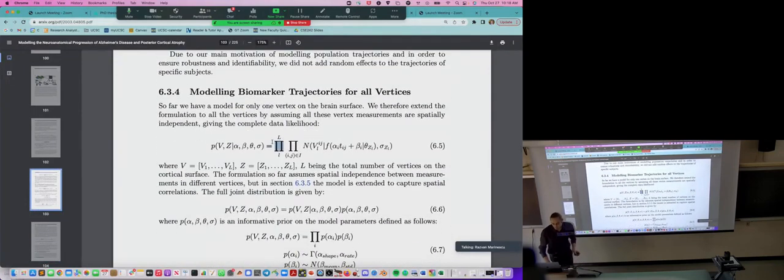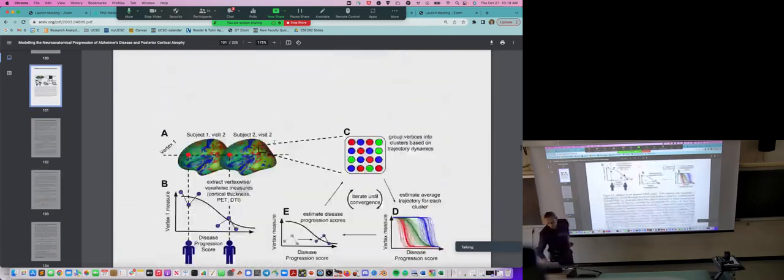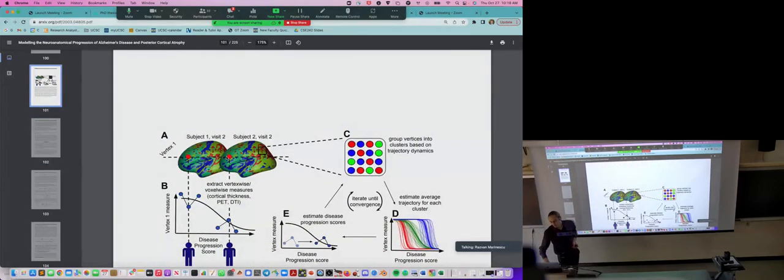So what happens if you assume independence across points on the brain surface? What can mess up in the algorithm? What would happen if we assume independence across brain locations?